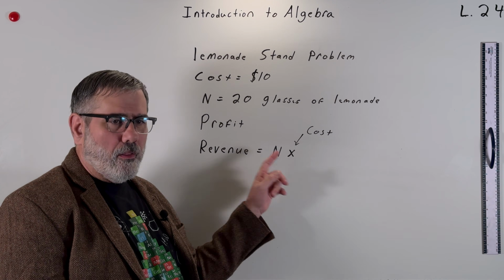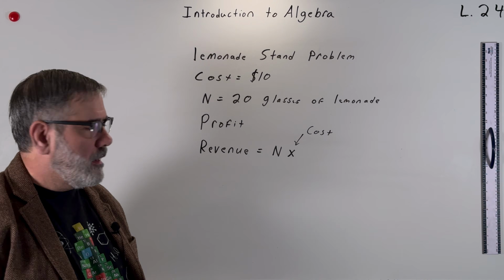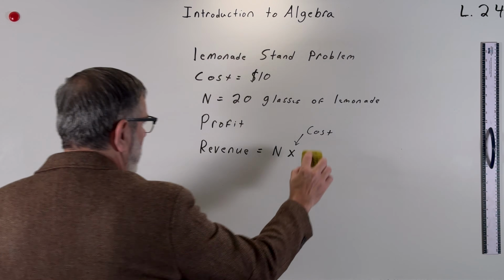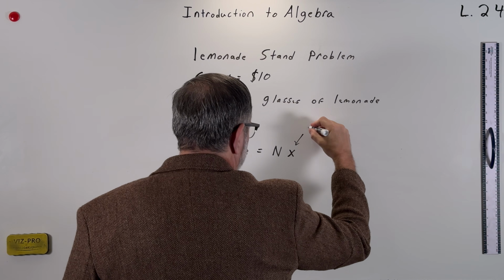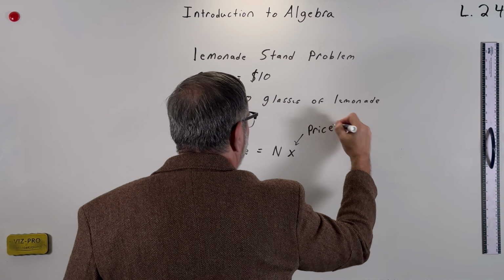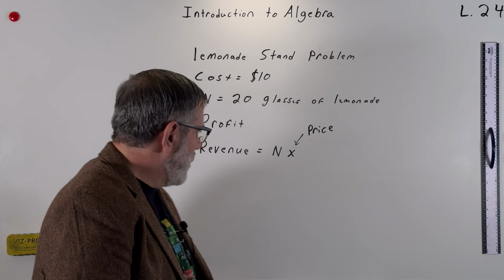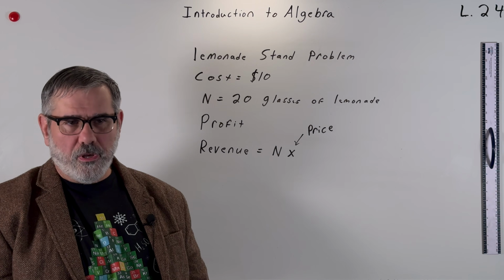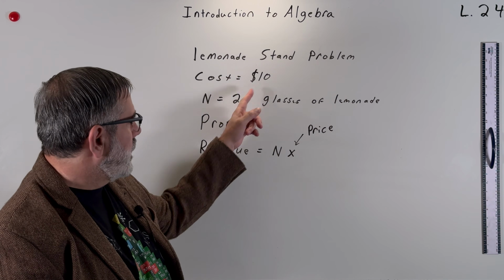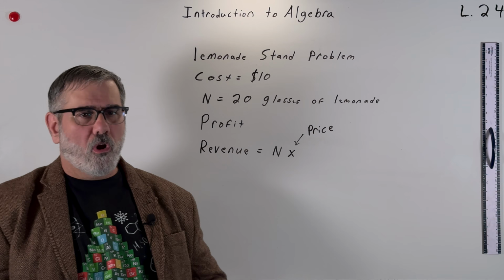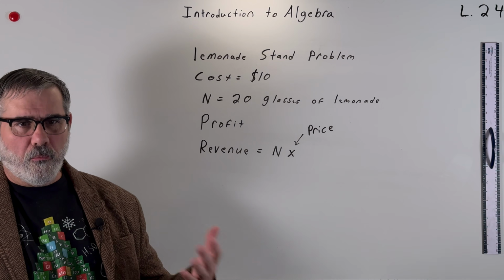So that is our challenge, is to figure out, that's not the right term, price. So x is the price that we charge for each glass of lemonade. If we know that price and we sell all 20 of our glasses, then we can determine how much revenue we've earned, how much money we took in.